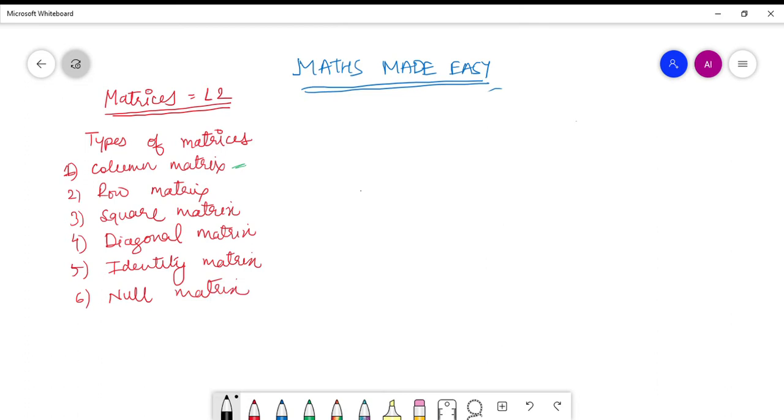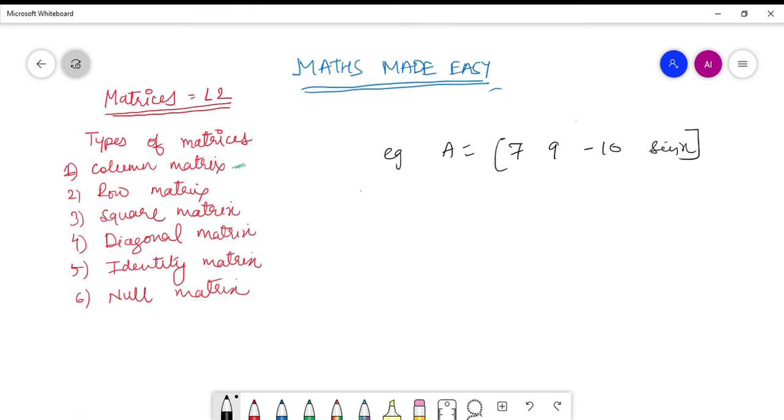Now let's go to the second type of matrix, row matrix. Similar to column matrix, but there will be only one row, and the example will be 7, 9, minus 10, sin x.